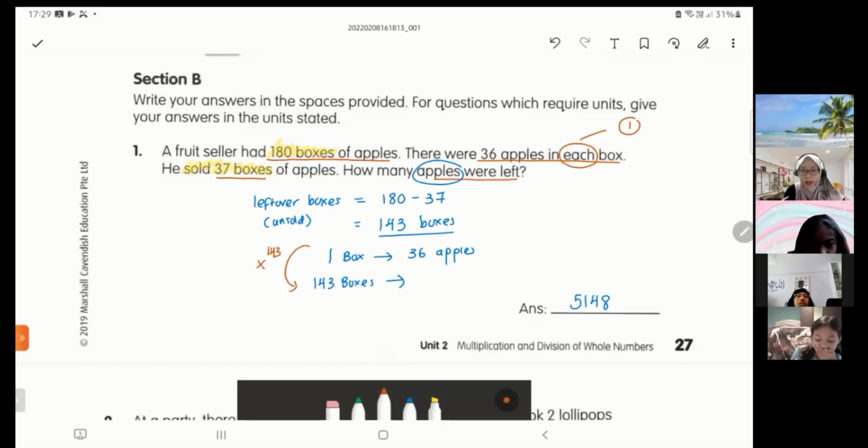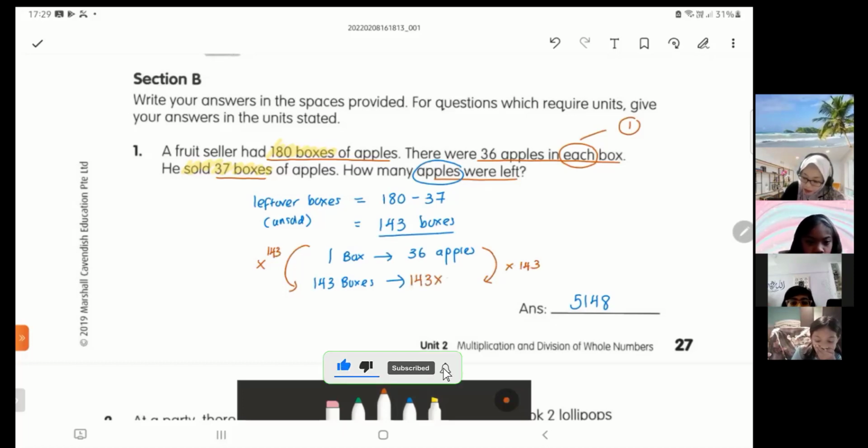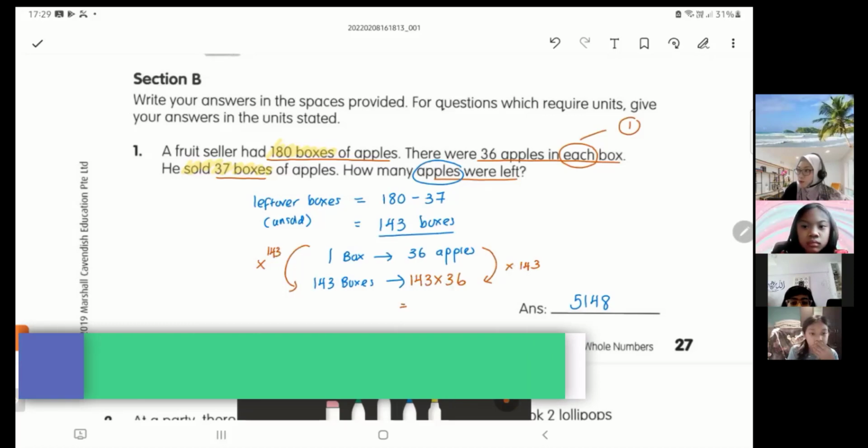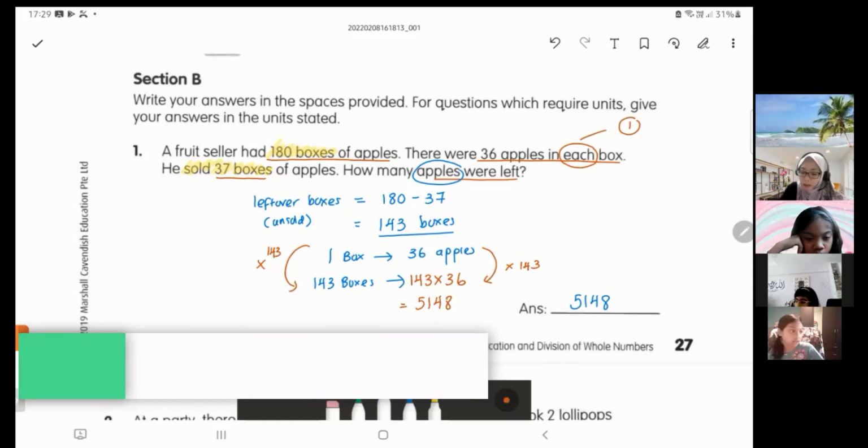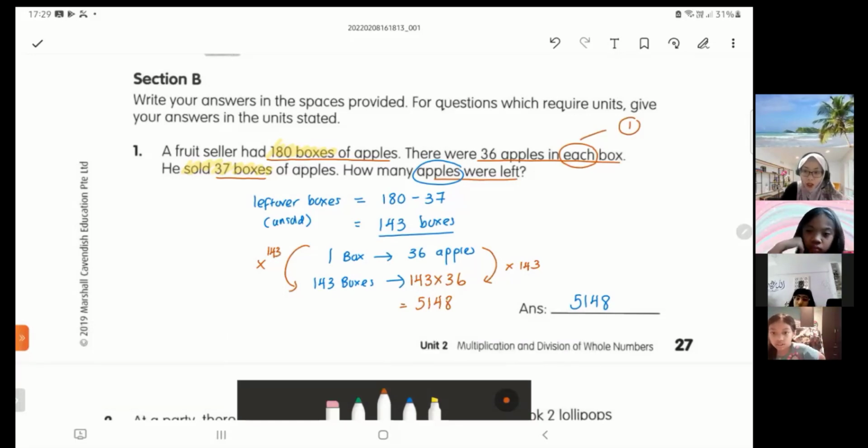Anything times 1, you get the number itself. So over here, you must also times 143. So it is 143 times 36 equals 5148.